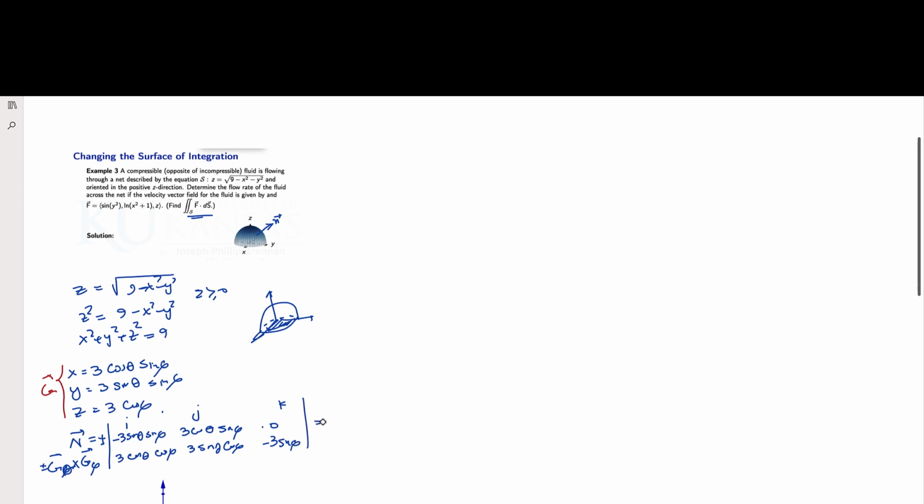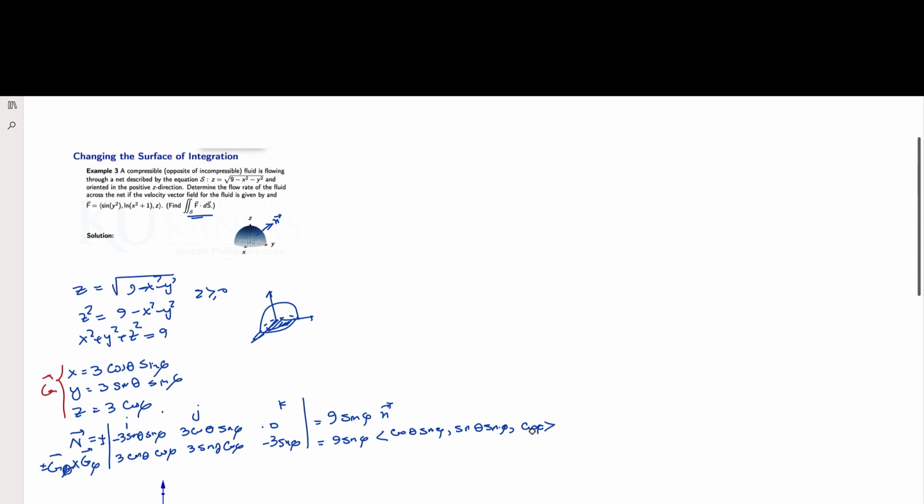I know n is the outward direction, and that's the good direction, and I can just put in the Jacobian here without computing it, which is 9 sine of phi times the little n. The little n I have to convert to spherical, and we computed this multiple times: it's just going to be cosine theta sine phi, sine theta sine phi, and cosine phi.